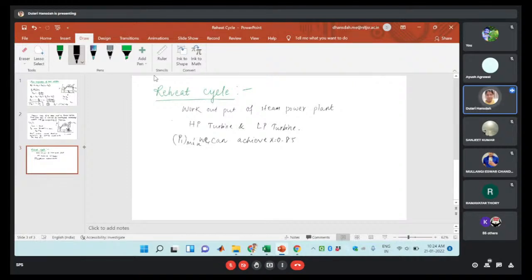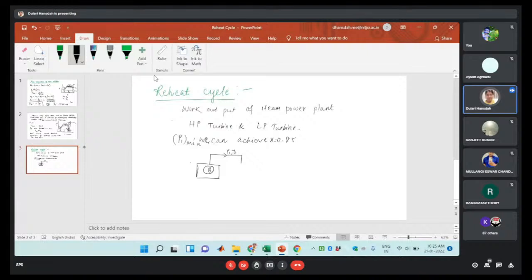So initially, let me draw the diagram first. The reheat cycle diagram.